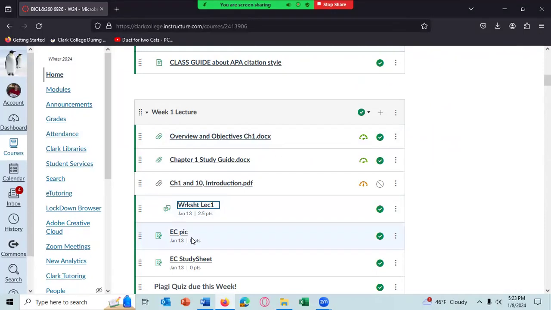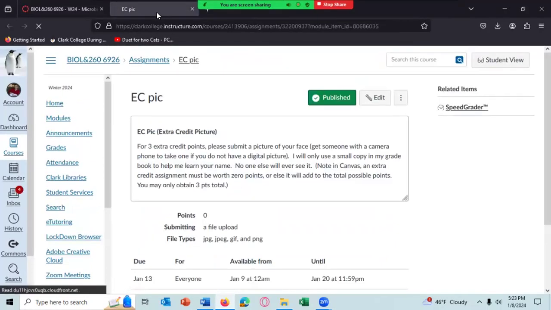And then we have 2 extra credit assignments. You can send me an extra credit picture. I've learned that an easy way for me to learn your names is to see your picture in the grade book. Every time I grade an assignment and mark your score, I'll see your picture and associate it with your name.